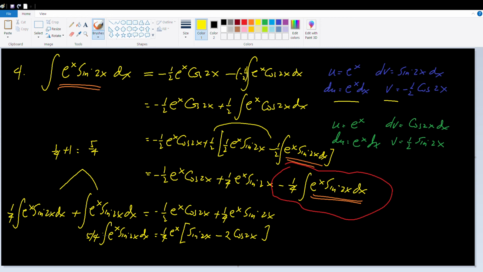By multiplying both sides by 4 over 5. Actually, we can cancel 1/4. So, finally, we have the integral of e to the x sine 2x dx equal to 1/5 e to the x times sine of 2x minus 2 cosine 2x plus c. Okay?